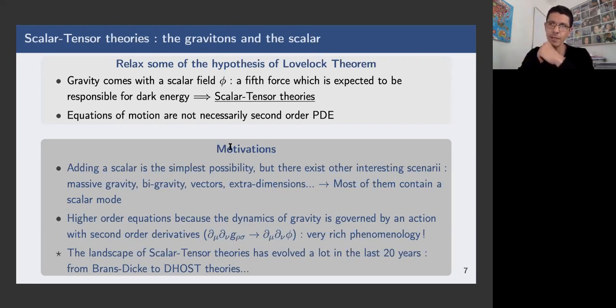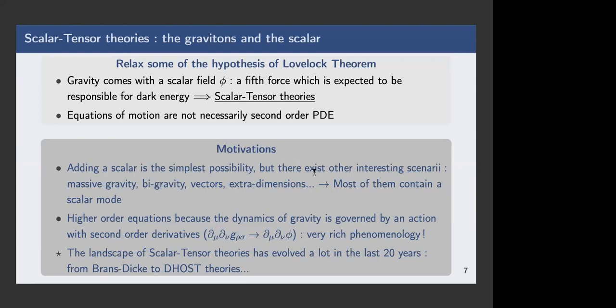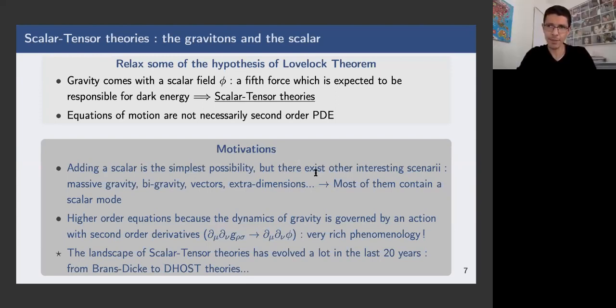So the motivations: why do we consider this kind of modified theory of gravity? The main motivation is that, of course, adding a scalar to the scenario is clearly the simplest possibility. It is the simplest, but still highly non-trivial and phenomenologically rich. Of course, there are many other interesting possibilities. For instance, if you add a mass to the graviton, if you have bi-gravity theories, you can also have vectors like electromagnetism instead of a scalar, extra dimensions, and so on.